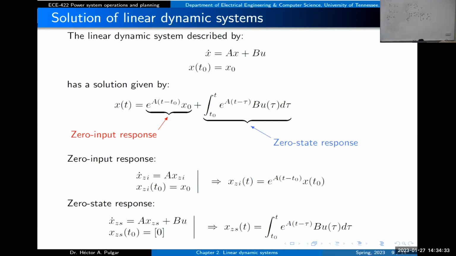If there is no input, that's the zero input response. So this disappears from the system, and all that you have is that first part of the formulation. The derivative of the state variable is equal to A times x, and you consider the initial condition. Well, in this case, the solution is going to be this solution.